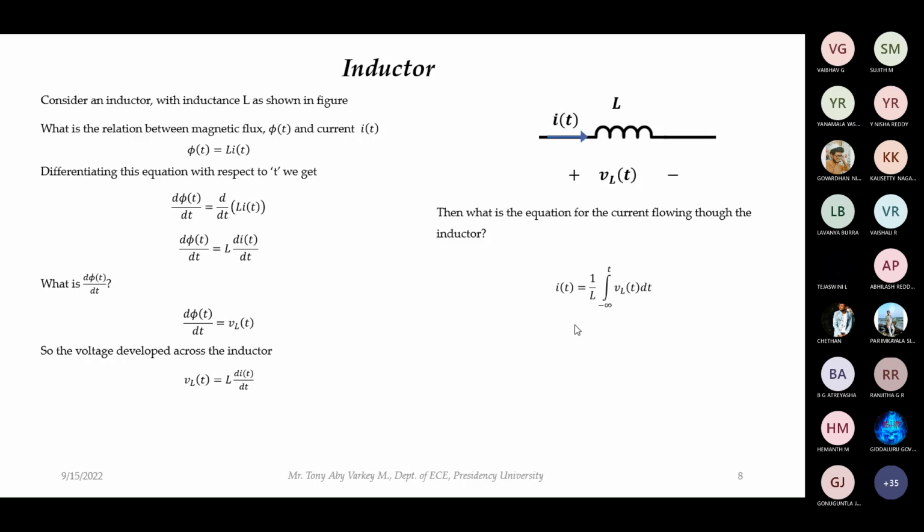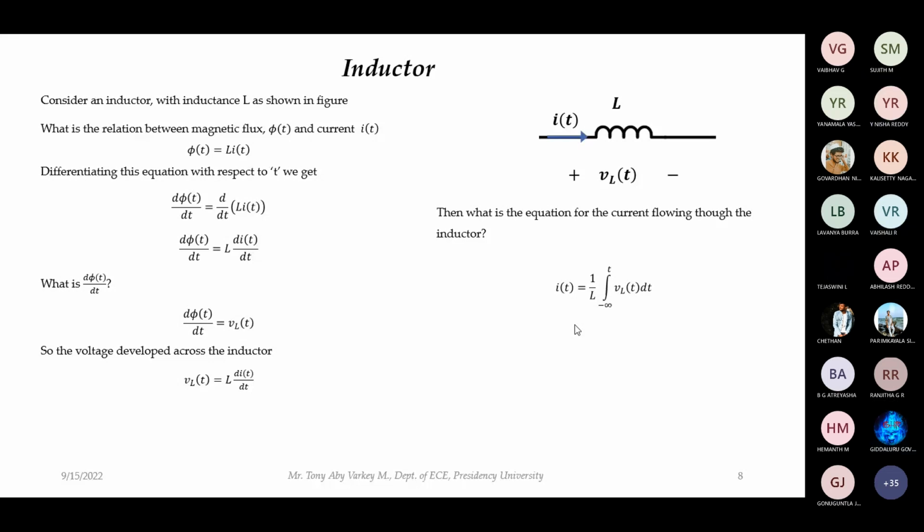So these two equations you should remember: voltage across an inductor is equal to L into di by dt, and current flowing through an inductor can be given as 1 by L into integral of VL of t dt. Is it done? You understood this? Yes, sir.